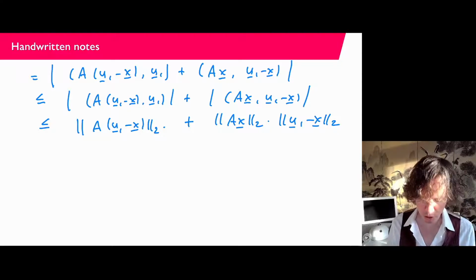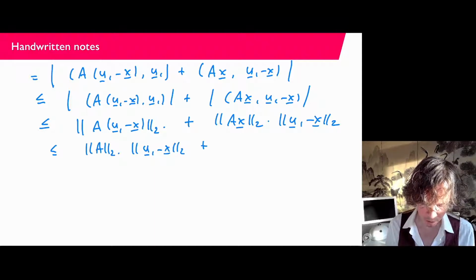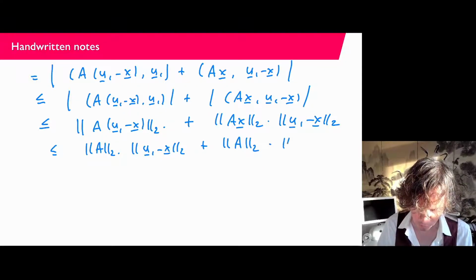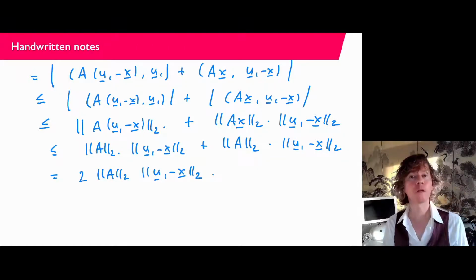And you see that I can write this again as being less or equal first term, norm of A in the 2 norm times the 2 norm of u1 minus x, plus, and this as the 2 norm of the matrix A times the 2 norm of x, but that's 1, so I'm not going to write that down, times the 2 norm of u1 minus x. So this is the same as 2 times the 2 norm of A times the norm of u1 minus x. And that proves the theorem.